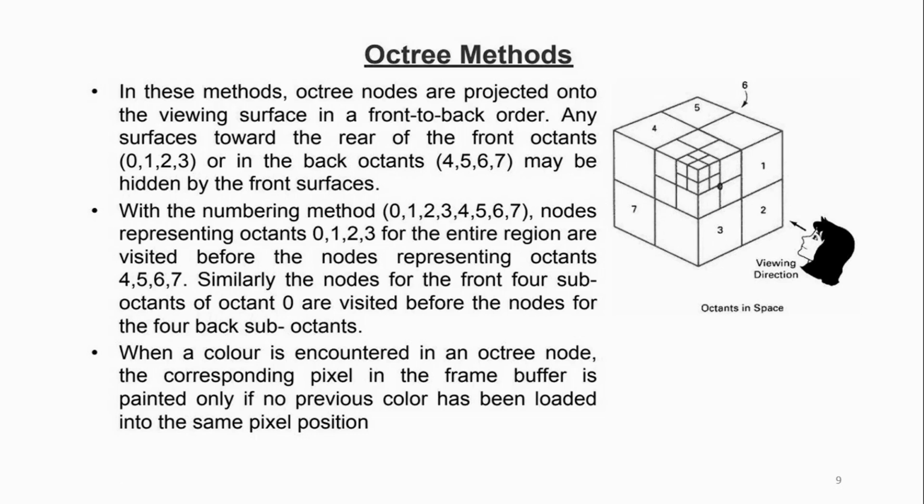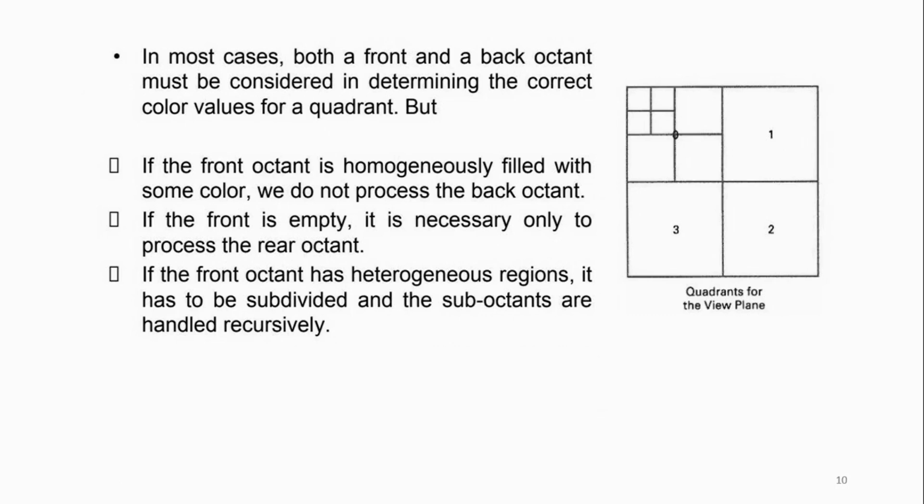So let us see the working of the octree method. The algorithm begins with a large cube representing the entire scene, and the cube is recursively divided into smaller cubes. For example, if you take the front view, it is going to be taken like this. Each subdivision continues until the cube contains only one object, or the cube becomes sufficiently small.